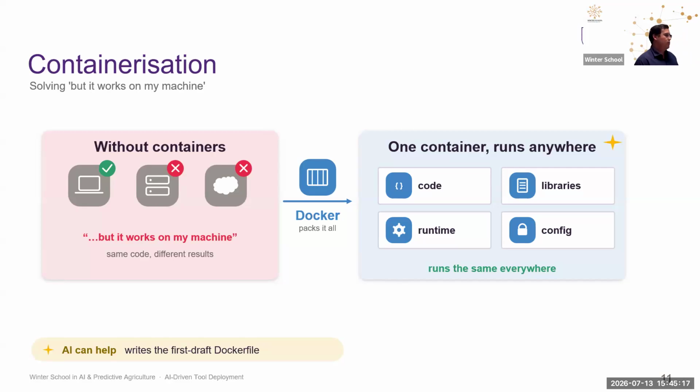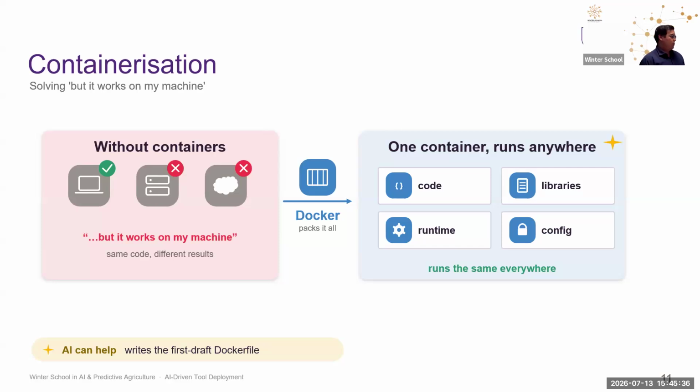With Docker, what you can do is essentially create a file or a kind of an environment where it wraps the code, the libraries, the runtime, the config, everything in one place. And that container you can share with other people, and they will have no issues running that code that you have developed, okay?